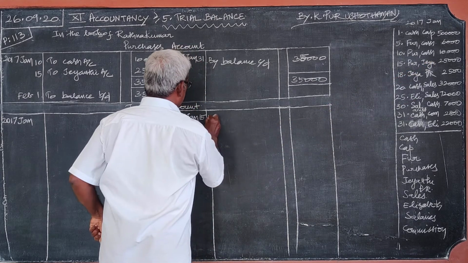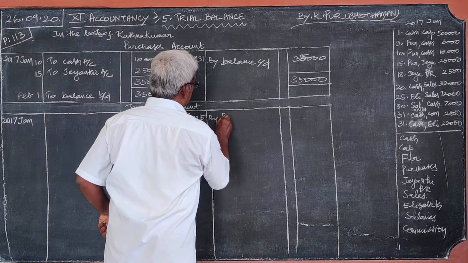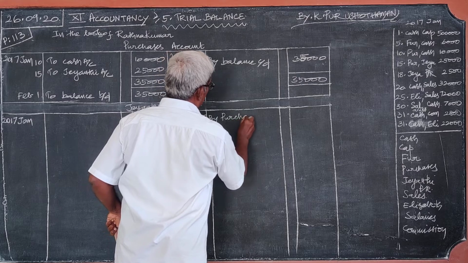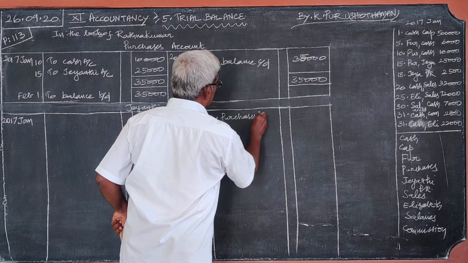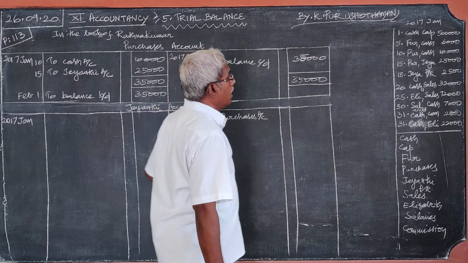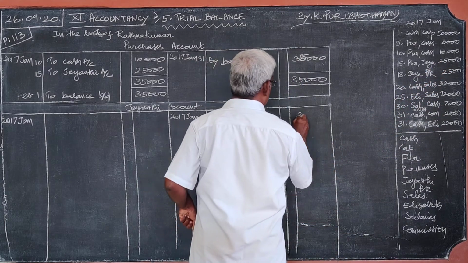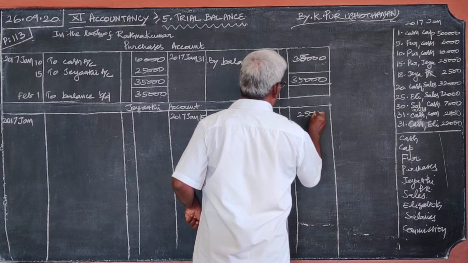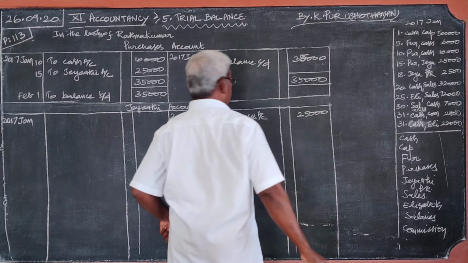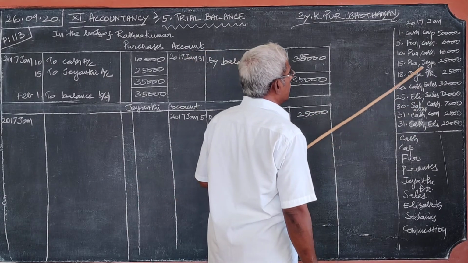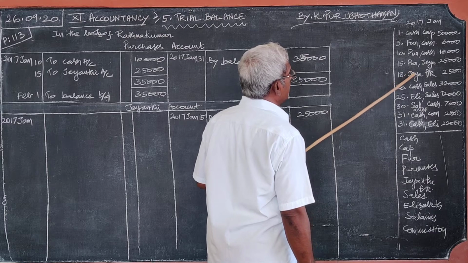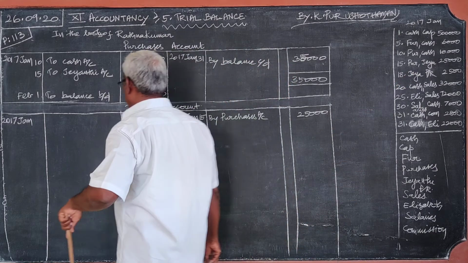So this is by purchases account. The amount is 25,000. And the next one, Jayanti account is appearing on the debit side on 18th.